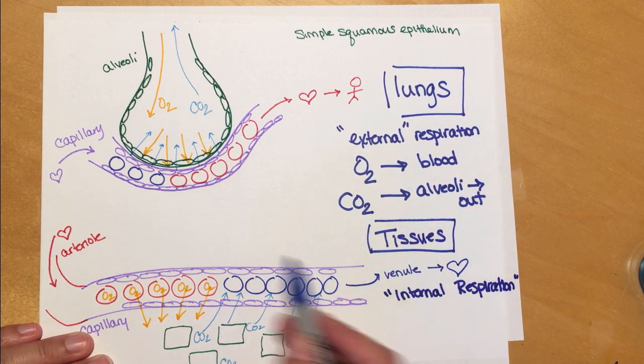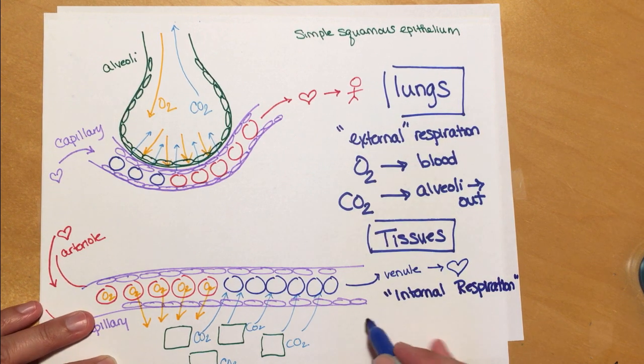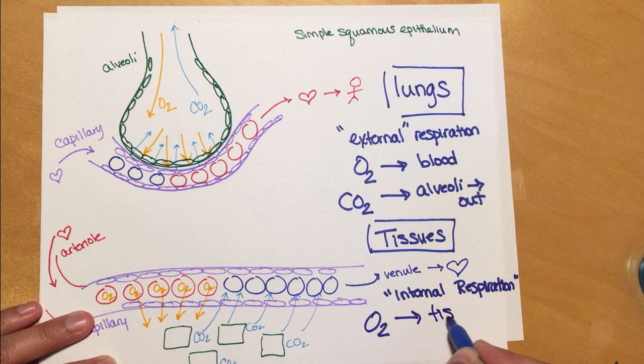Internal because no part of this, your blood vessels, your tissues, your organs, your cells, none of that is exposed to the outside. So internal respiration is when oxygen is entering the tissues and CO2 is entering the blood.